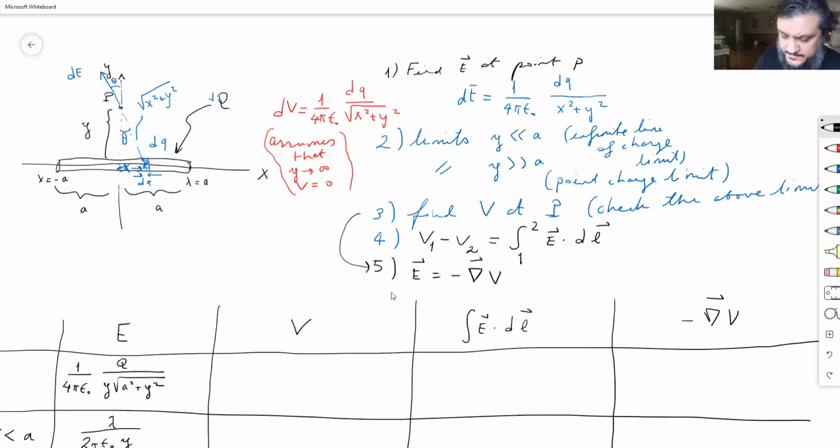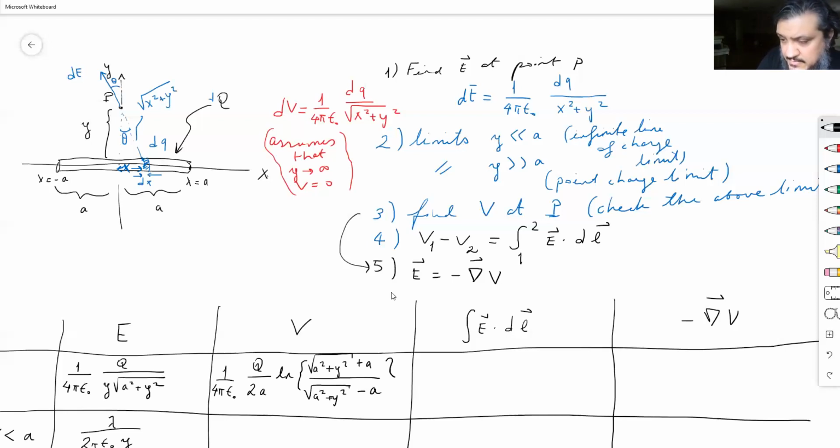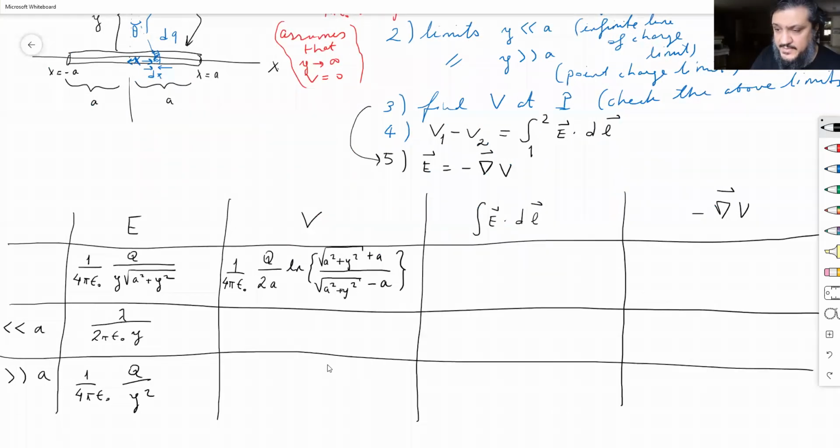All right, right here: 1 over 4 pi epsilon 0 q over 2a, natural logarithm of the square root of a squared plus y squared plus a, divided by the square root of a squared plus y squared minus a. All right, so this is the electric potential. Now what's next? To find the limits.